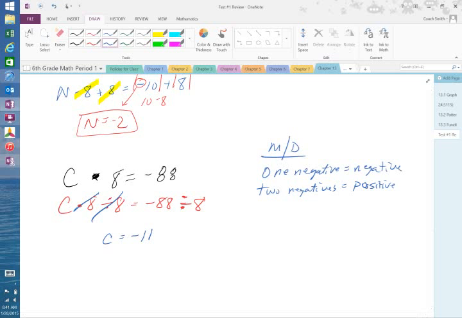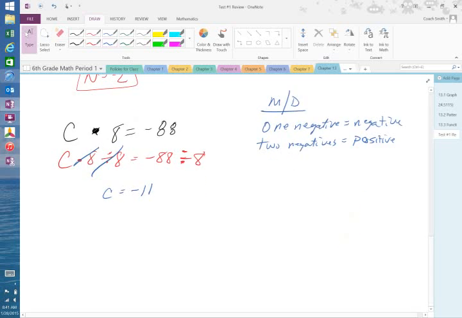Doesn't matter how big or how small the number is, two negative signs equal a positive when we're multiplying and dividing. That's different than when you're adding or subtracting. All right, do number 12 on your own.